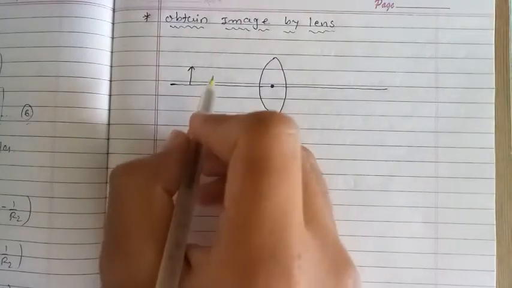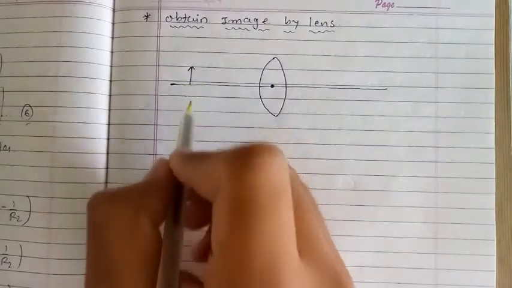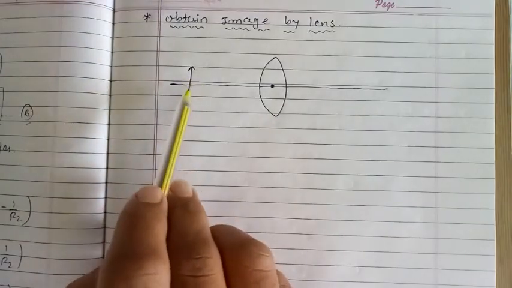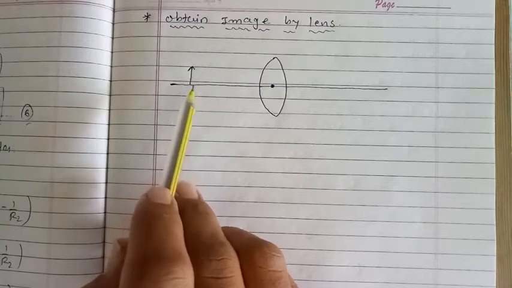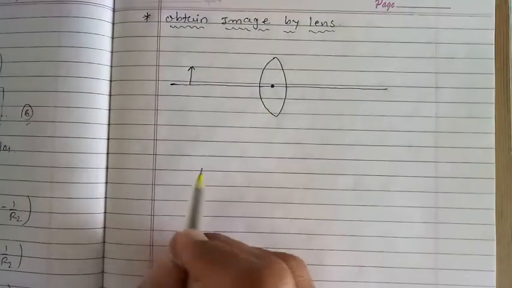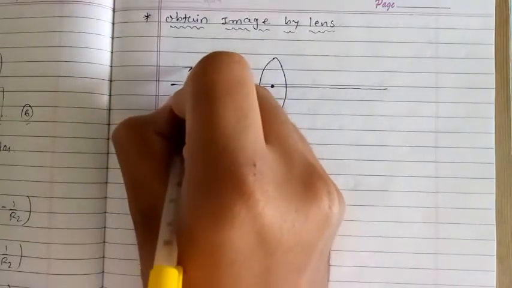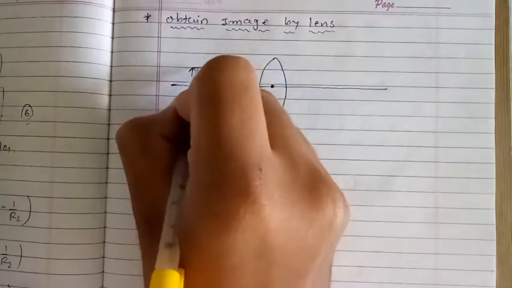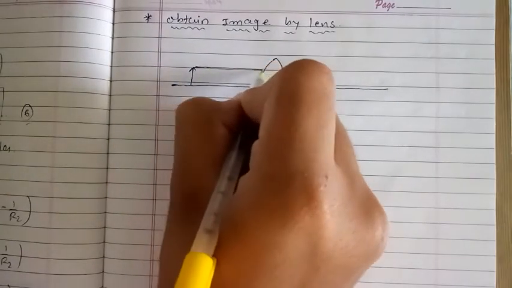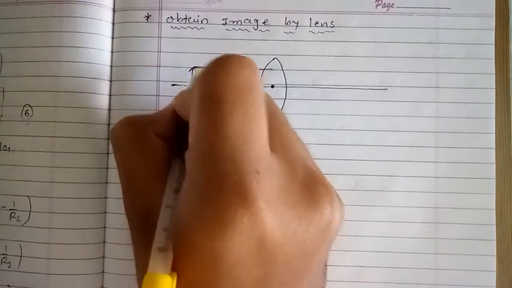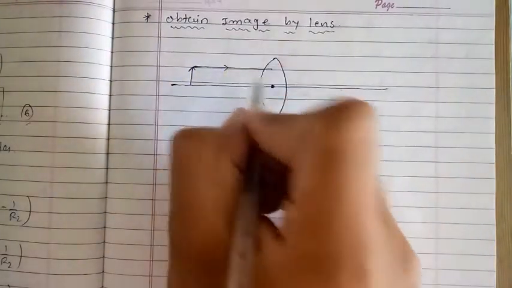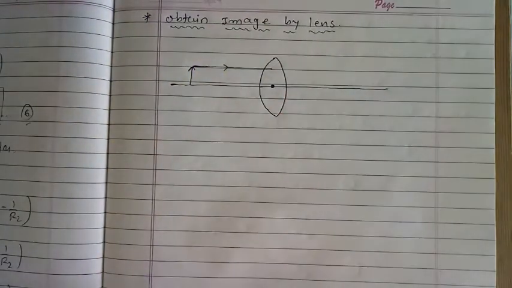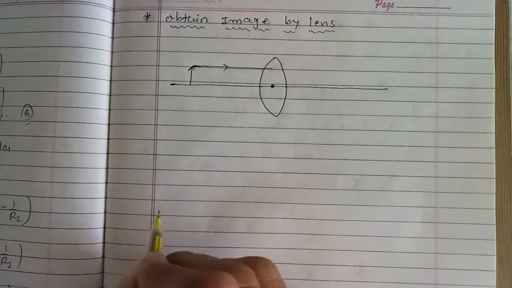So here we considered the first ray emitting from the object parallel to the principal axis, like this. Now we know that there are two principal foci.